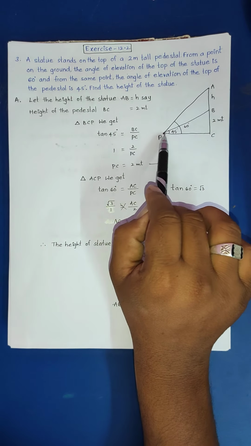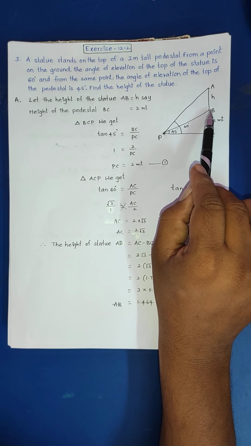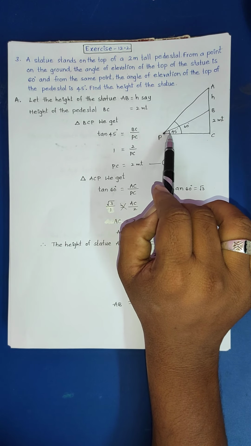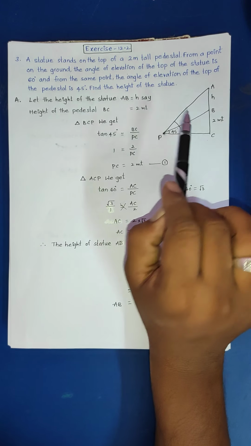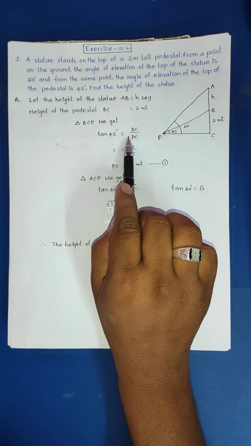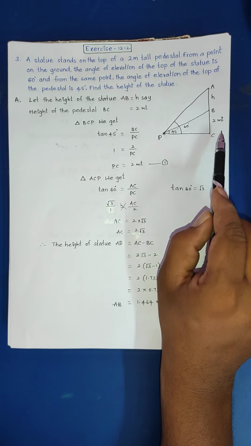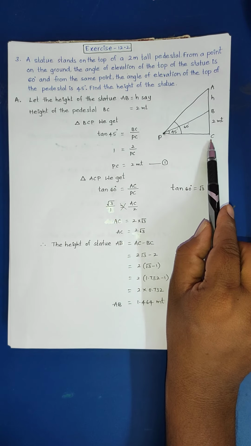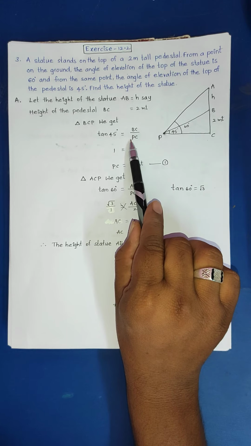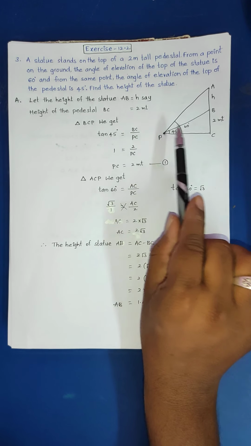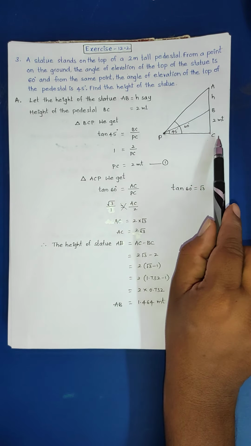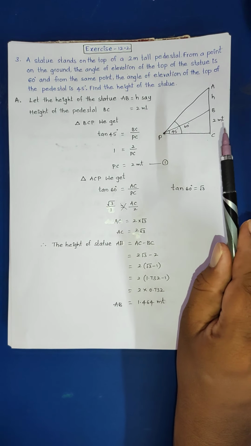Triangle BCP, this small triangle, the height of the pedestal, the observer's elevation angle is 45 degrees. Tan theta is equal to opposite side by adjacent side. Opposite side BC, adjacent side PC. BC by PC. BC how much? 2. PC, the adjacent side, we don't know.